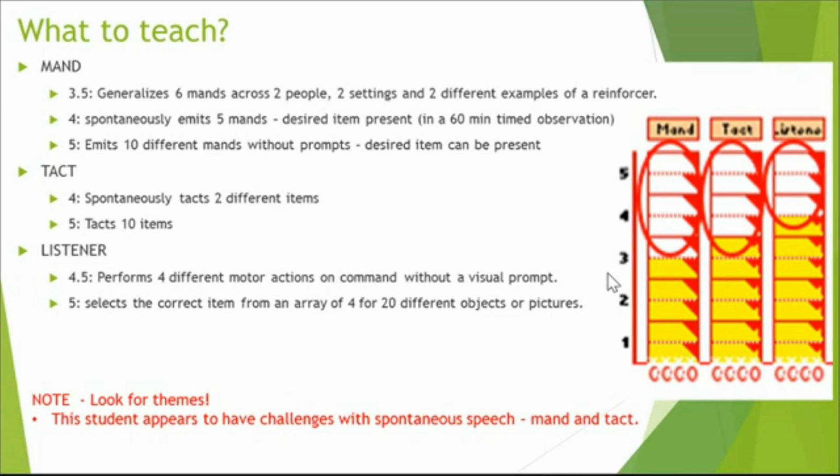And then number 5, they were not able to select the correct item from an array of 4 for 20 different objects or pictures, or when asked to touch dog, touch cat, they were not able to hit the aim of 20 for that.